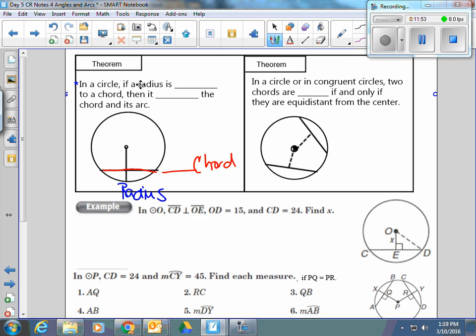So, in a circle, if a radius is perpendicular to a chord. What does perpendicular mean? 90 degrees. What's the symbol for perpendicular? Upside down T, very good. To a chord.